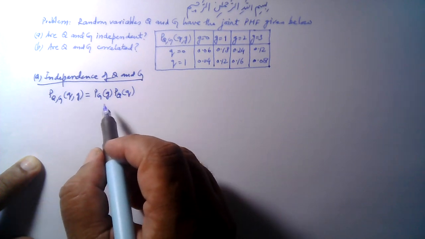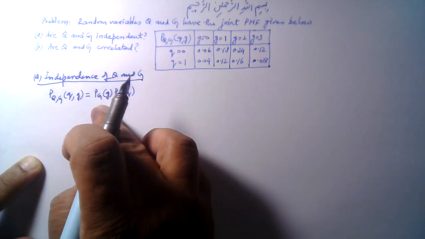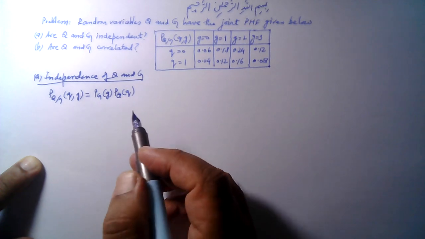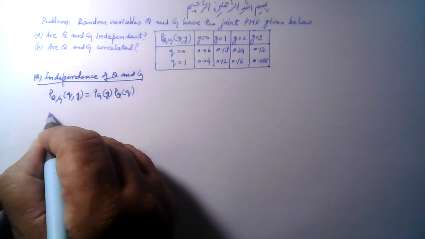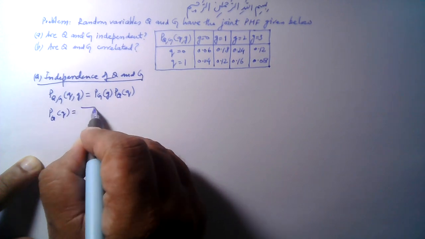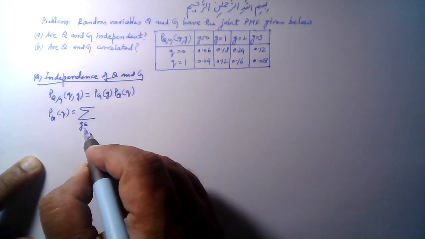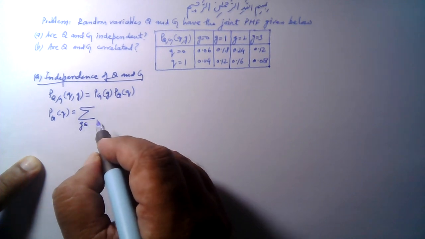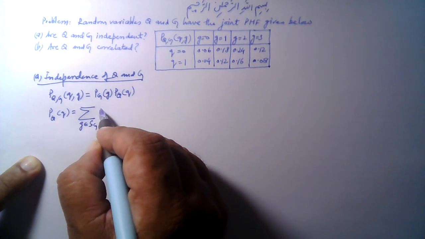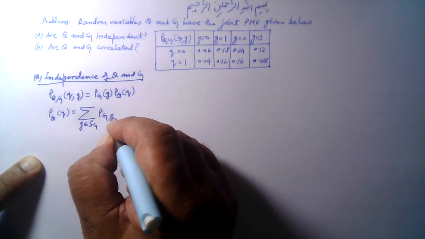So to test for this equality, we have this joint PMF here, but we need to find out the marginal PMF of the random variables Q and G. So the marginal PMF of random variable Q, for example, is given by, we will sum all the probability values corresponding to random variable G for a given value of random variable Q, right?